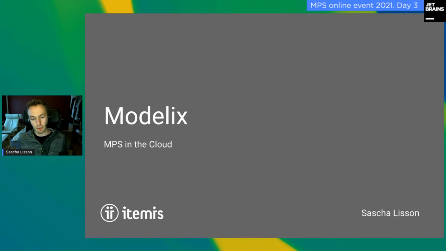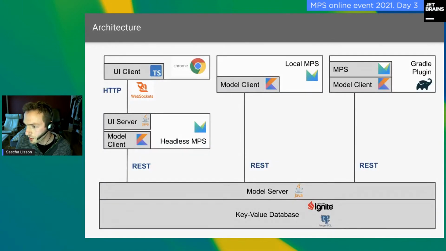We tried different approaches in the past. We built several prototypes. The latest one is Modelix, where we try to reuse as much as we can from MPS. So we just run MPS in the cloud and add some extensions to provide a web editor on top of it. So this is how it works. Of course, you need a browser. And then there's MPS running in headless mode on the server side. We have a plugin built for MPS that runs an HTTP server and talks to the browser.